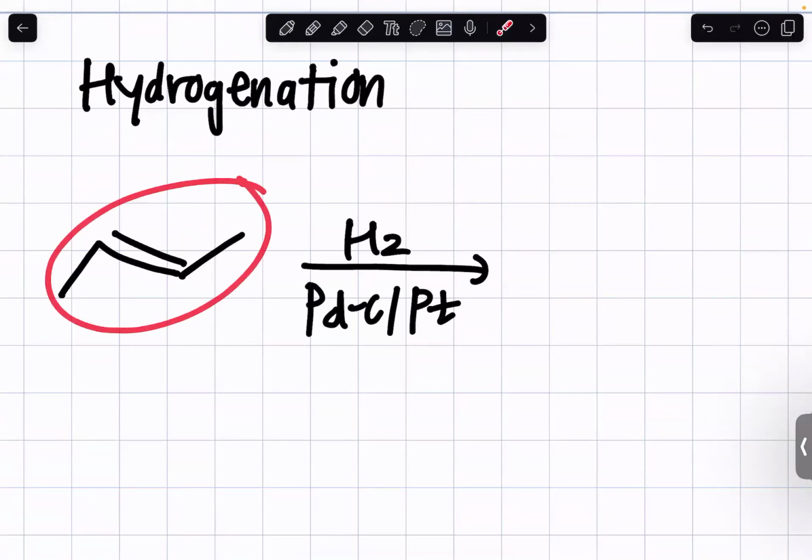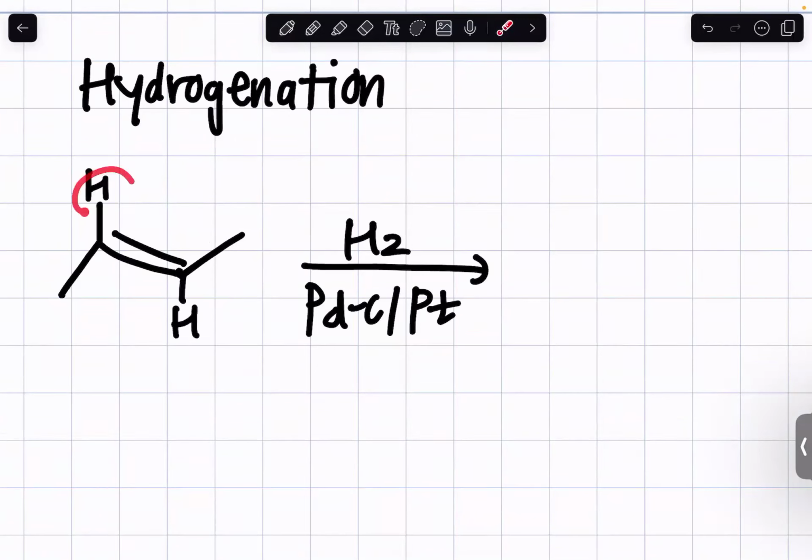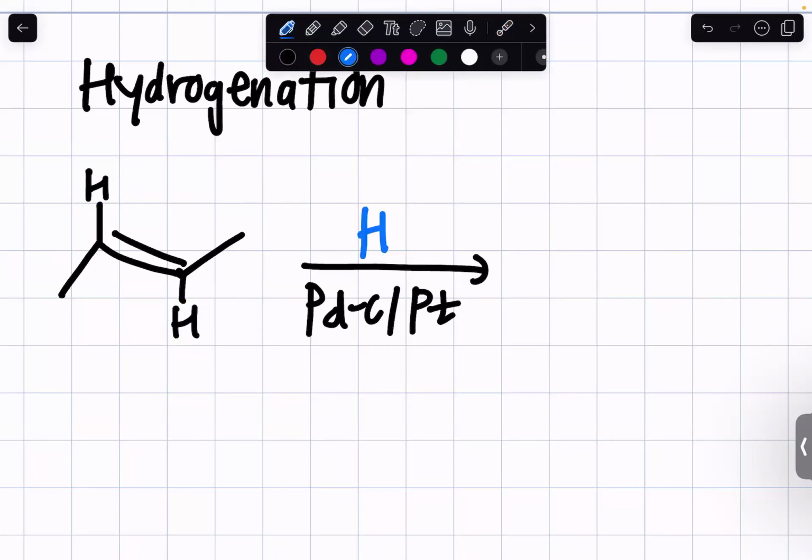This alkene right here, you know how the alkene carbons have one hydrogen right there already? Let's say those are the original hydrogens. And let me color code this H2 as blue.